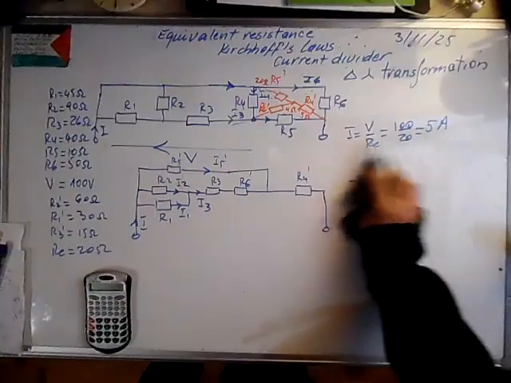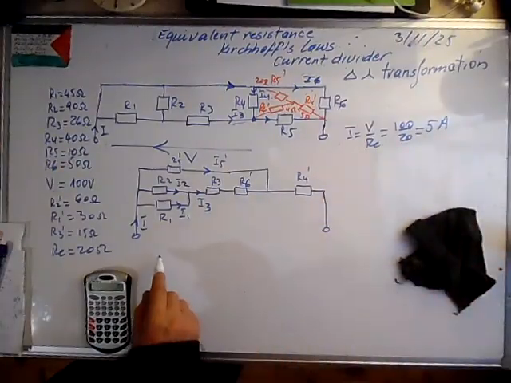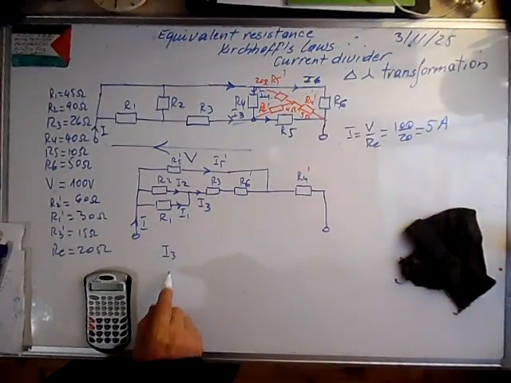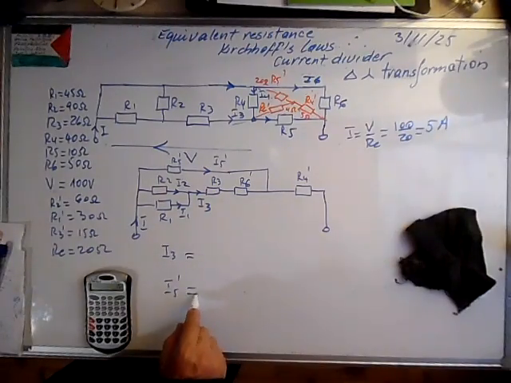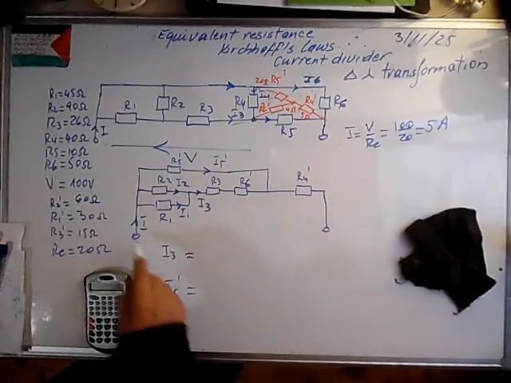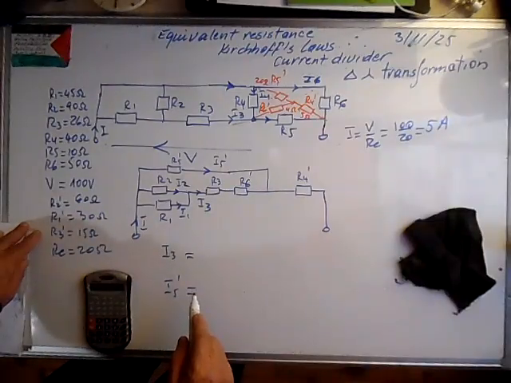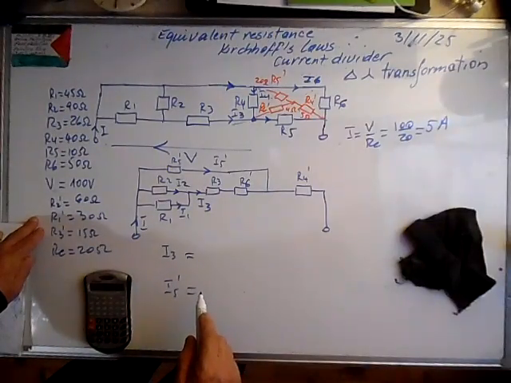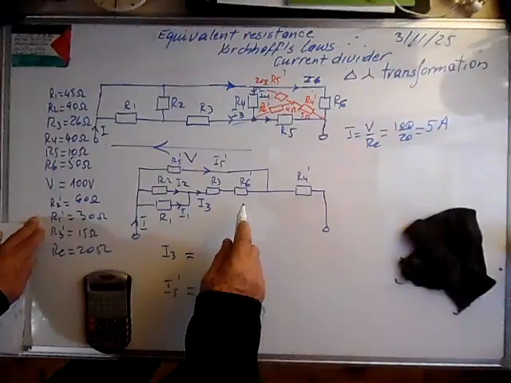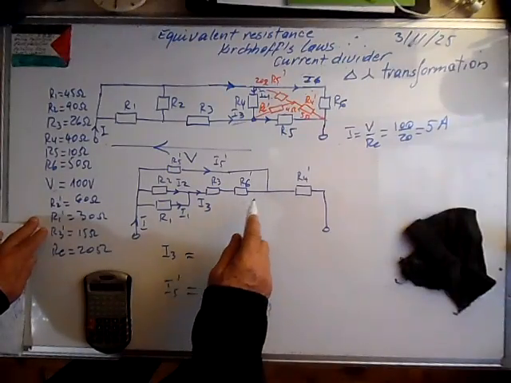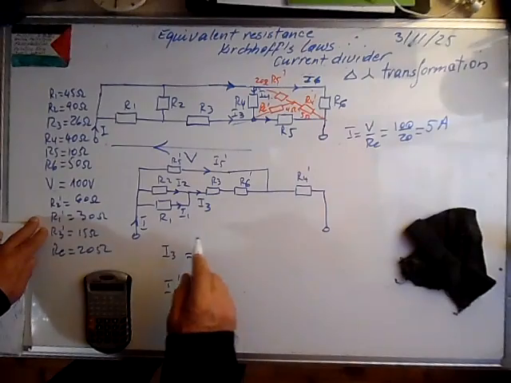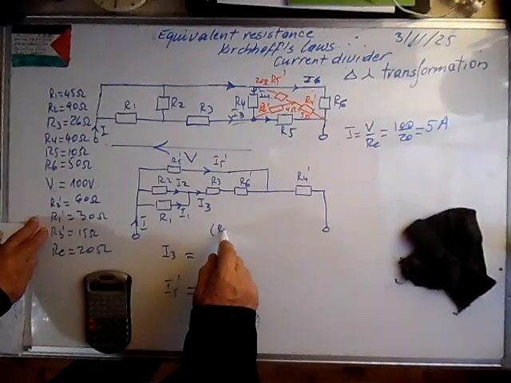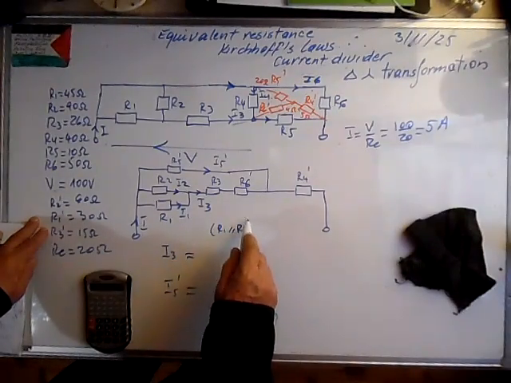So here we can calculate I3 and I5 prime using these resistances we called R2 prime. First step, R1 parallel with R2.